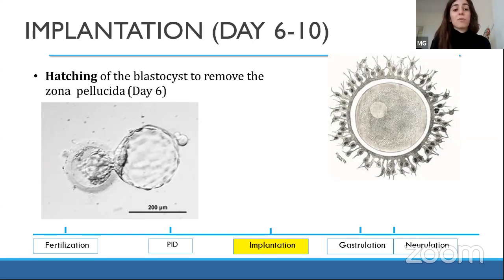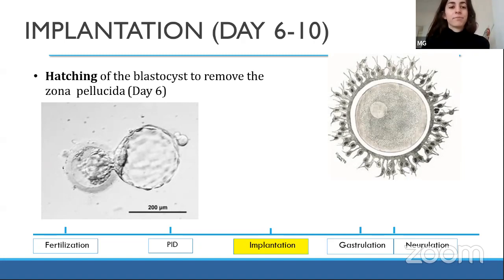But then it needs to come out of that, not only to grow in size, but also so it can implant. The zona pellucida is very useful because it protects the zygote all the way as it's going down the uterus. It's a very tough layer, and so if the blastocyst was just going out without protection, it might be harmed along the way. But once it's come into the uterus and it's ready to implant, the blastocyst will hatch from the zona pellucida.